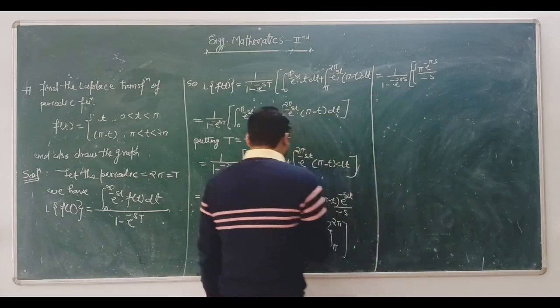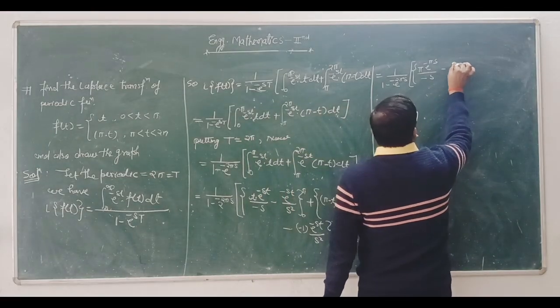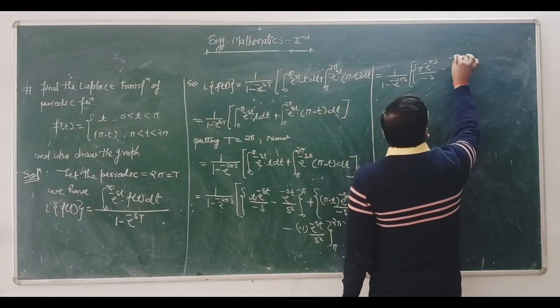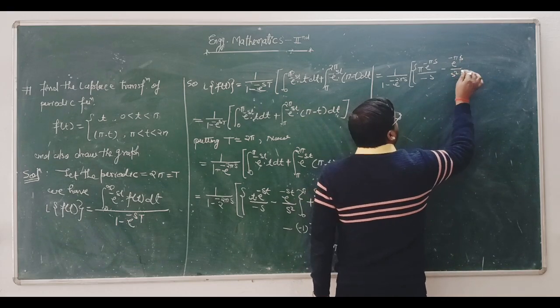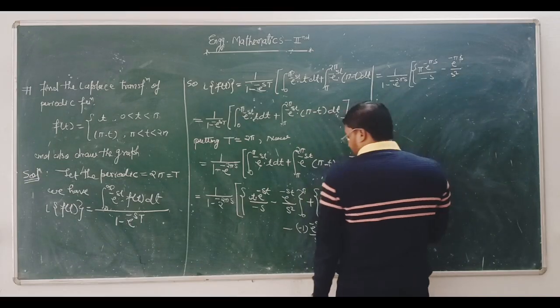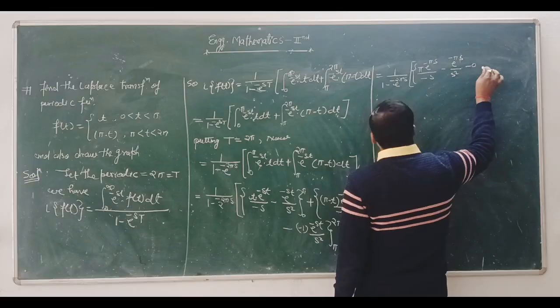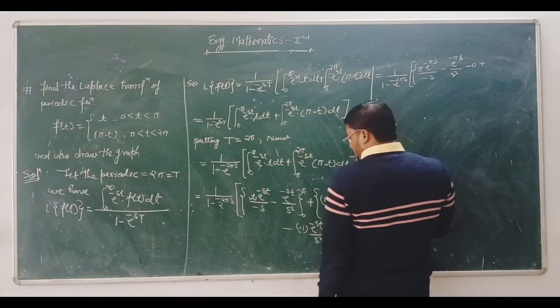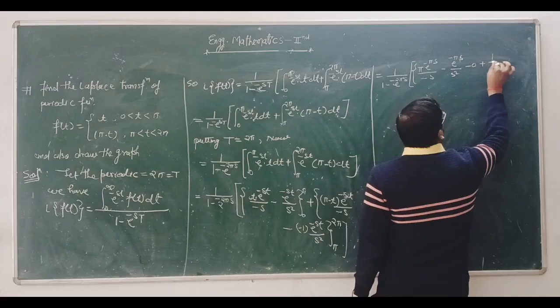Now again put the pi: minus e to the power minus pi s upon s square. Now again minus, if we put the value 0 it is minus 0. Now plus, put the value of 0, it is equal to 1, it means 1 by s square.